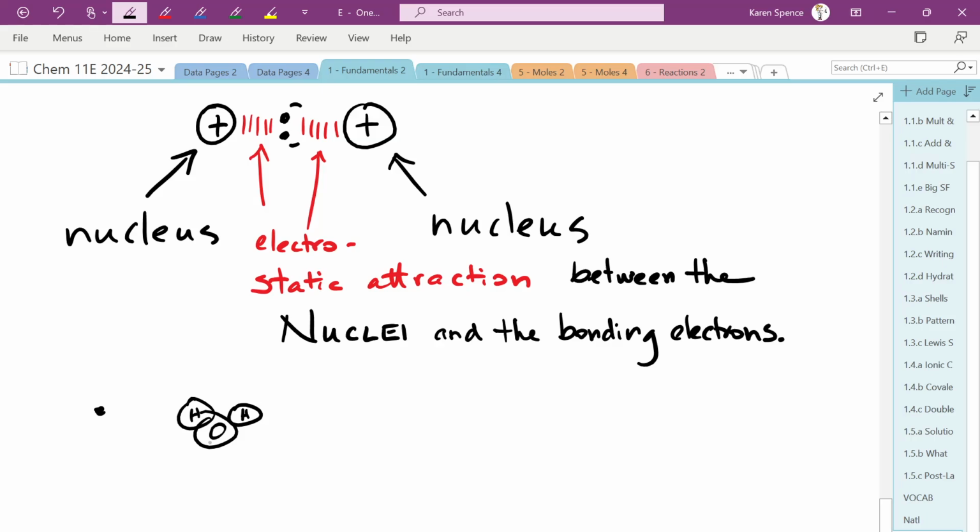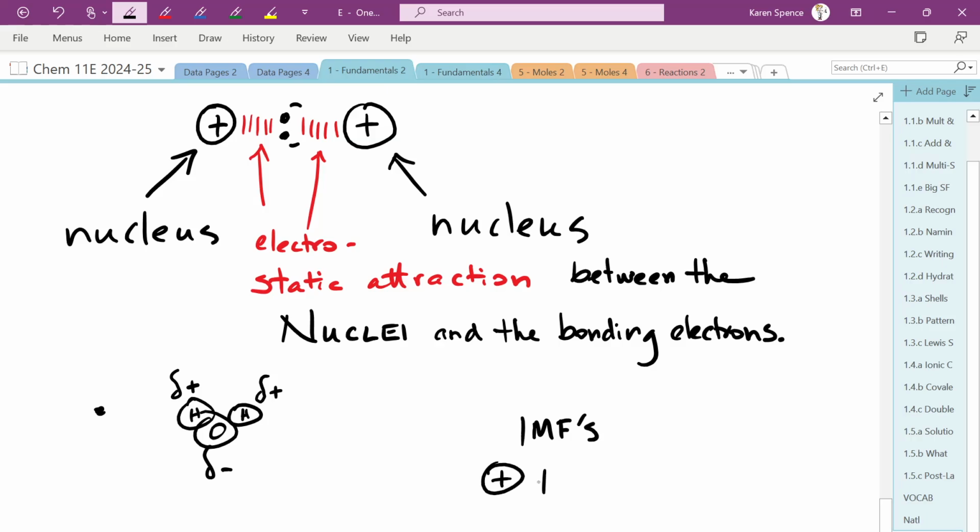What's holding the water molecules together? IMFs. What's the positive thing and what's the negative thing in that IMF? Hydrogen is the positive thing because it's slightly positive, and oxygen is the negative thing because it is slightly negative.